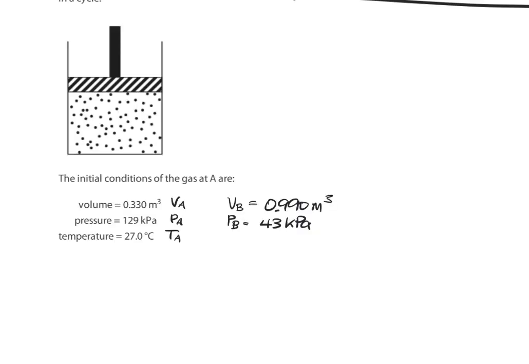We have one thing that I forgot to note was that the volume at C is the volume at A, which is 0.330 cubic meters. So I now have information for both pressure and volume for B. I know the volume of C. I can get the pressure at C. And then with the pressure and the volume at C, I can get the temperature at C.